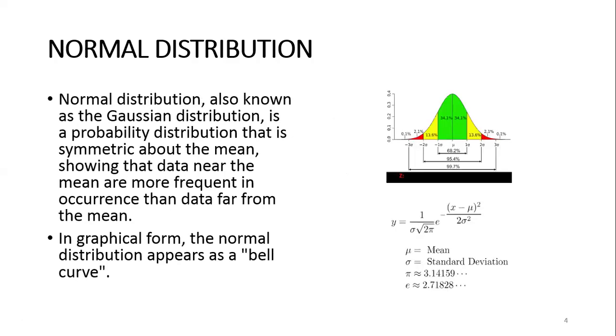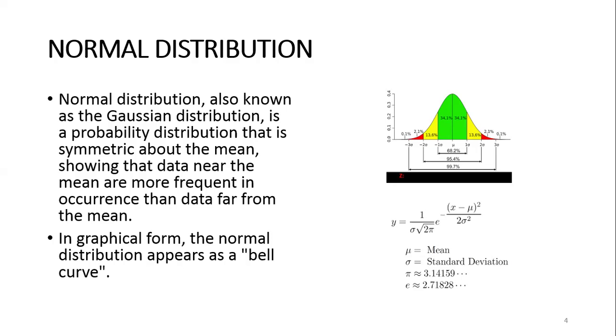Also, the way the standard deviation is structured with respect to the curve is another thing that is unique about normal distribution. Like here, you can see that the data that fall between -1 standard deviation and 1 standard deviation is about 68.2%.